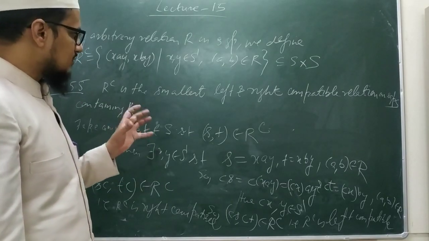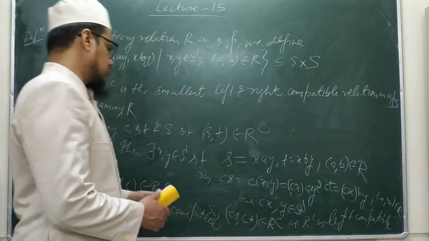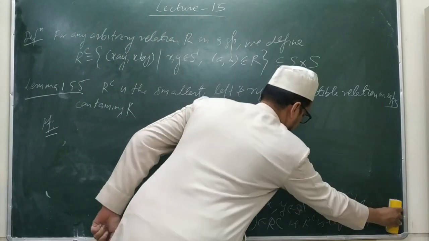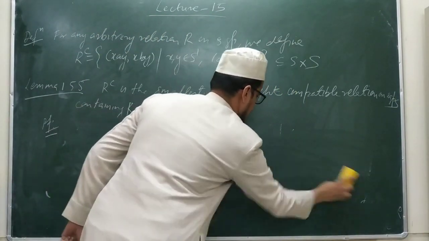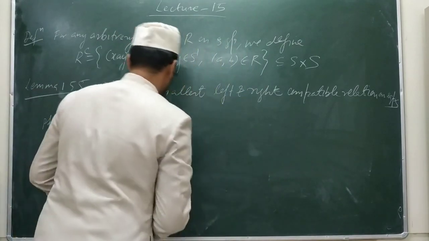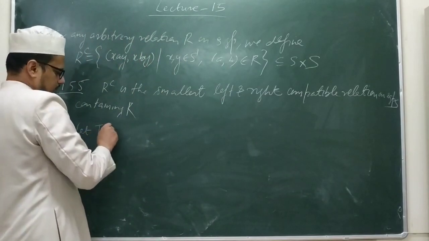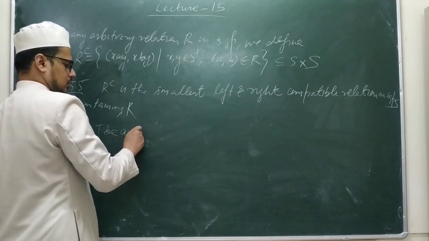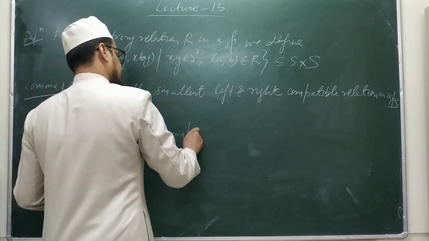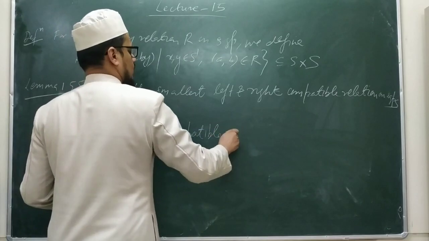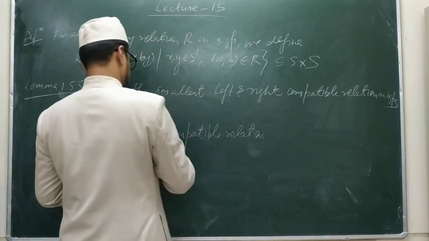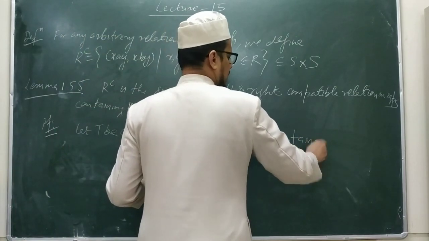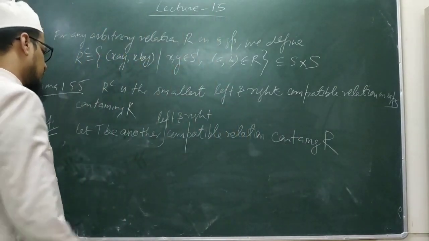Now what do we have to prove? We have to prove that it is the smallest compatible relation. So for this we assume that T is another left and right compatible relation containing R. Then what is our claim?